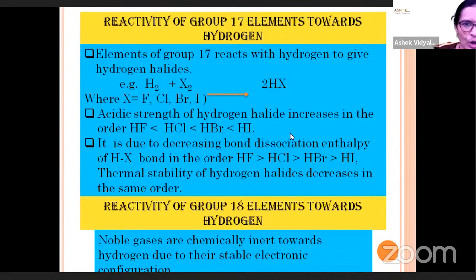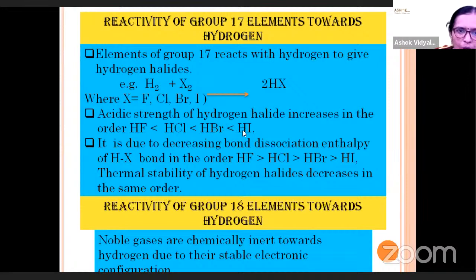Acidic strength of hydrogen halide increases down the group. Means HF has less acidic strength as compared to HCl, and HCl has less acidic character as compared to HBr, which has less acidic character as compared to HI.